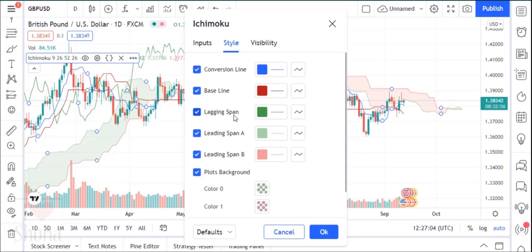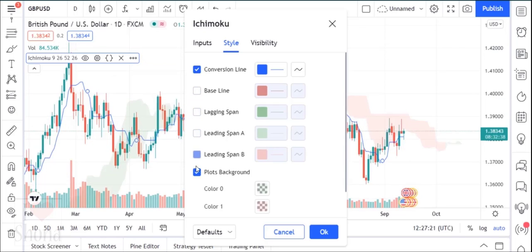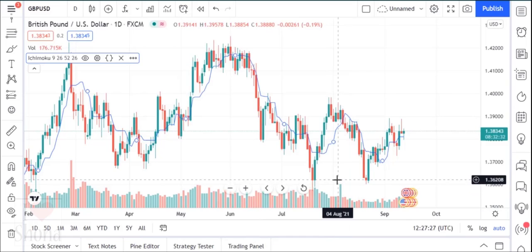Well, Tenkan-sen looks like a moving average, but it is different because a simple moving average uses the data of all of the last 9 candles equally, and in exponential and weighted moving averages the data is weighted differently, but it still uses all the data of all of them.